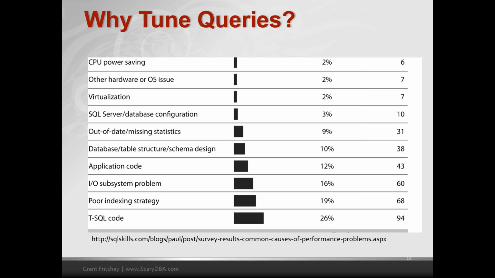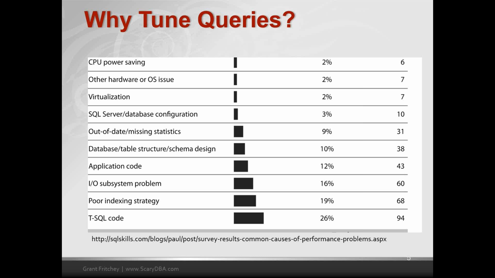Now, application code could mean you're working with an ORM, an object relational mapping tool like Entity Framework or Hibernate or NHibernate, and it's going to be generating T-SQL code that may need tuning. So we're going to add that to our 35%. Now we're up to 47%.